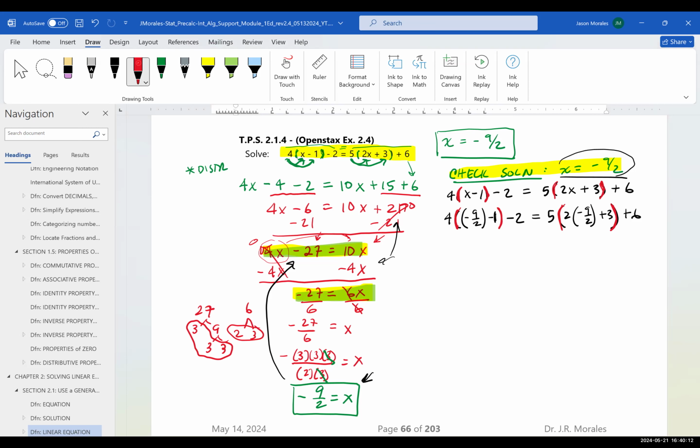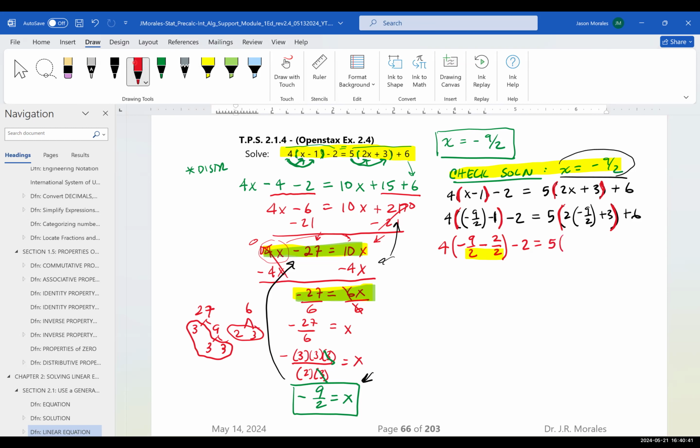So we're not going to be doing anything with this 4 just yet, not until we simplify what's going on inside the parentheses. So we've got -9/2 minus, let's turn this 1 into a 2/2. And the reason we want to do that is then we've got a common denominator, and we'll be able to subtract those fractions without a problem.